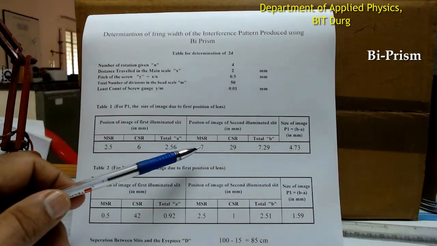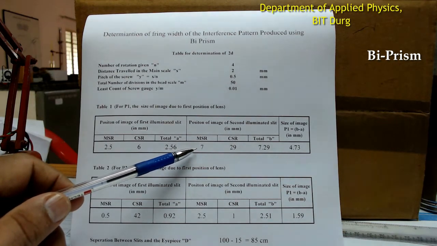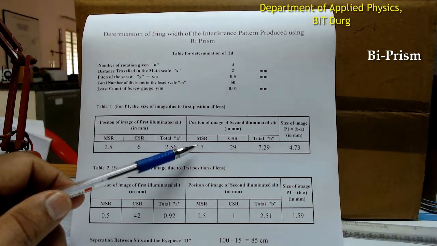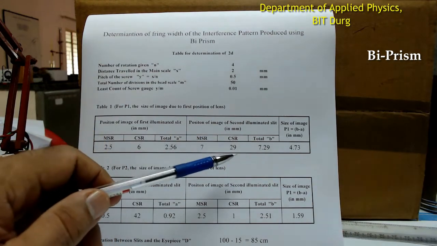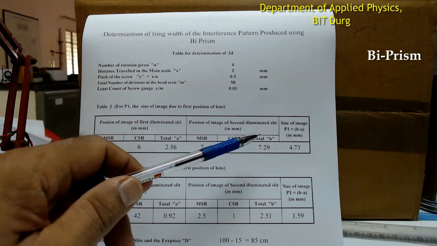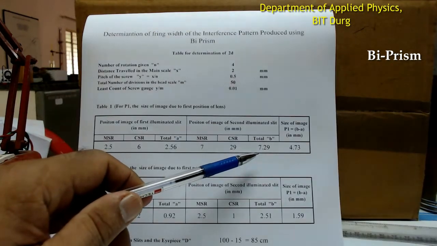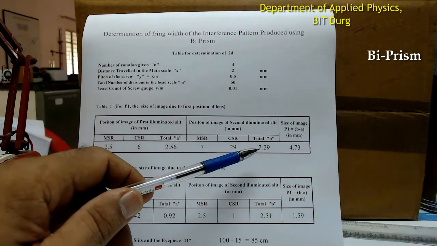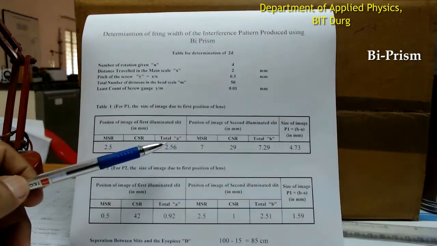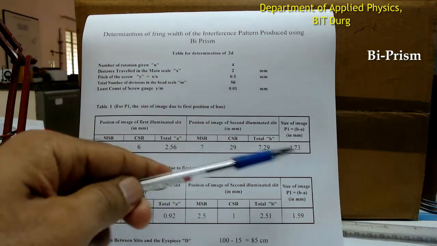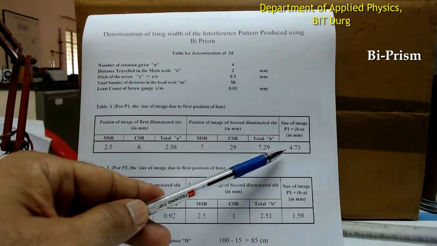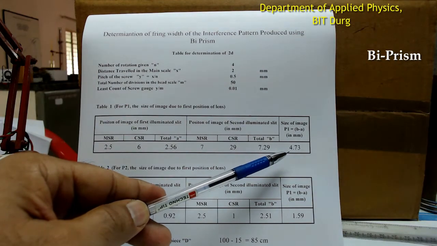Similarly, when the crosswire is shifted to the second image, the main scale reading is 7 and the circular scale reading is 29, so the total reading is 7.29. Subtracting 2.56 from 7.29, we get the size of the image for the first position of the lens, which is 4.73 millimeter.